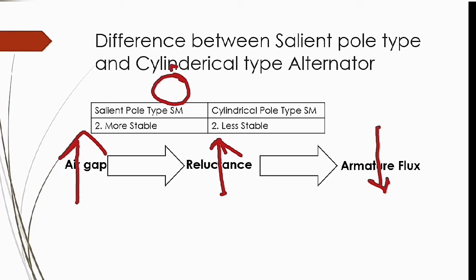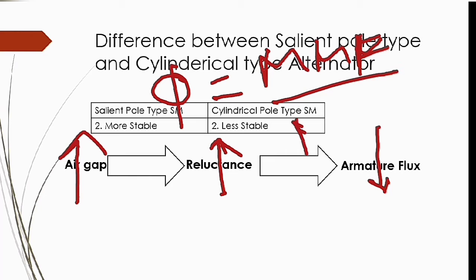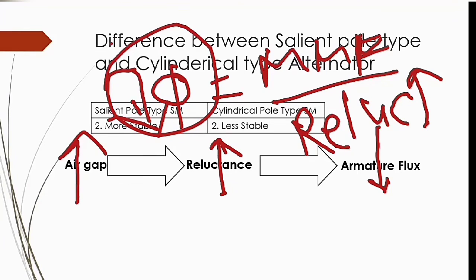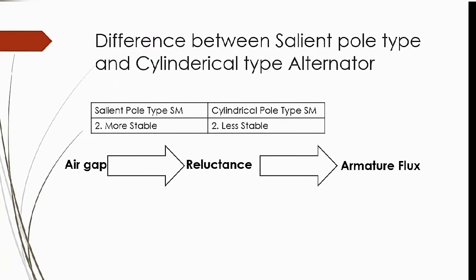Phi equals mmf upon reluctance. So if reluctance is high, the armature flux is low. Okay, so that is why armature flux is low here if reluctance is high and air gap is high.